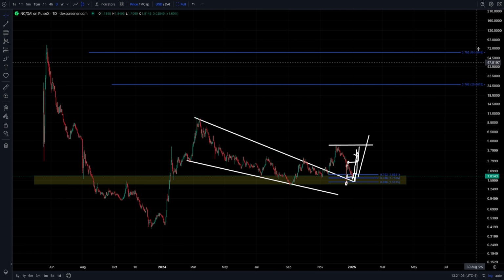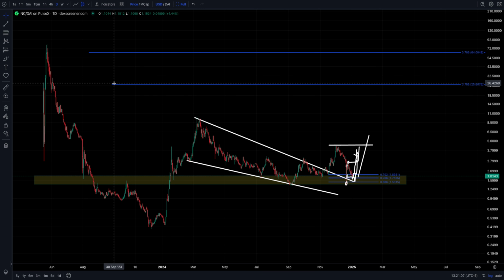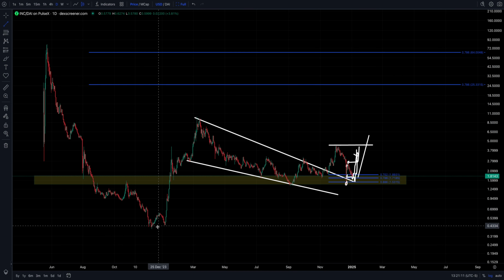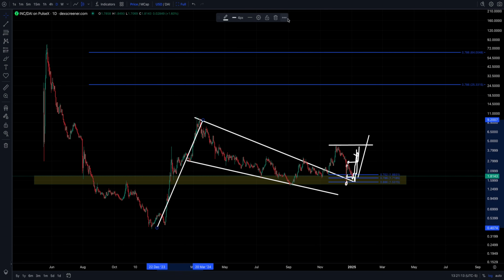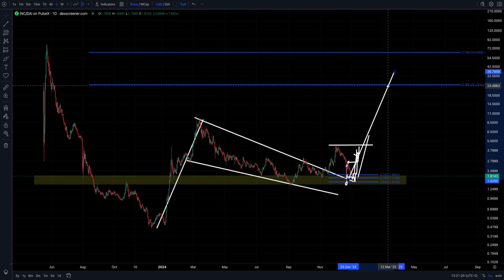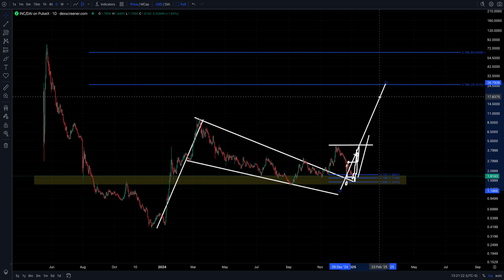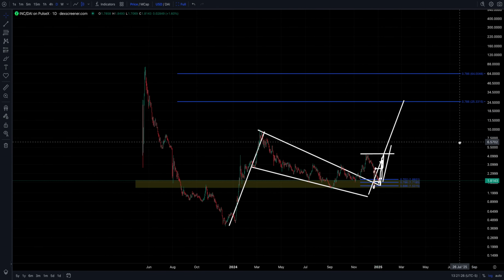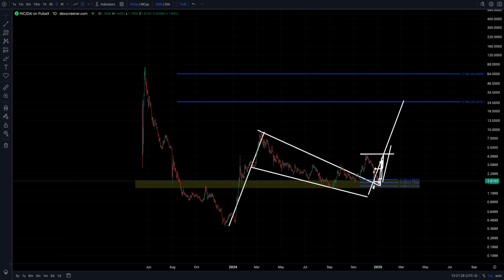So that would be 25 and 64. You can also do it like this as well, where you can see what the one-to-one move of this pennant is, and yeah, it's sitting around there at 25, 27 bucks. So this is the ecosystem.